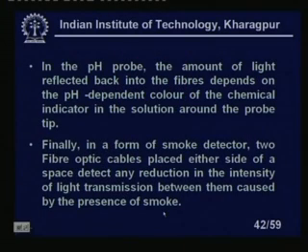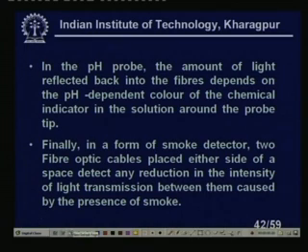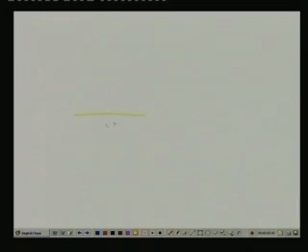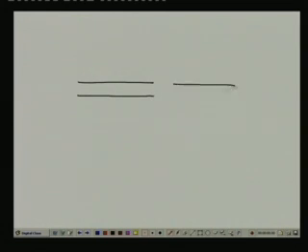Finally, in the form of smoke detectors, two fiber optic cables placed either side of a space detect any reductions in the intensity of light transmission between them caused by the presence of smoke. Very simple. Suppose I have a light source here, a fiber here and a fiber here.